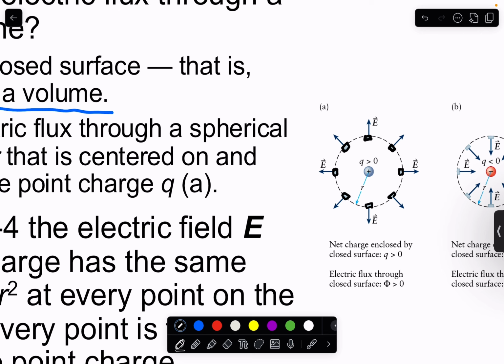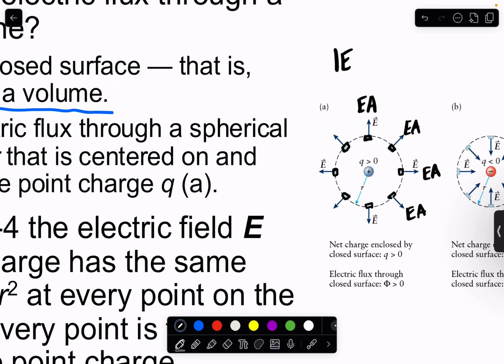And so what does that tell us, right? That tells us if we were to add up the flux, we would get EA here, EA here, EA here, where the E's would all be constant. Why is that?